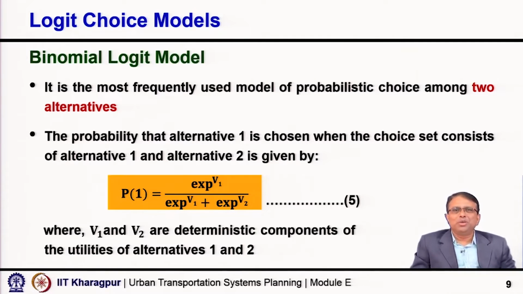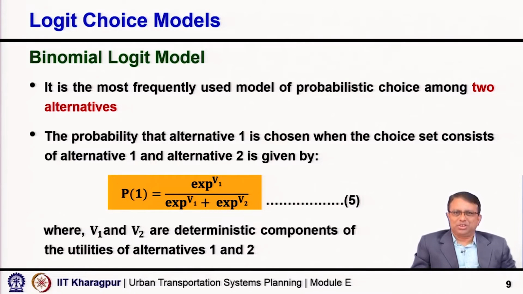Now, let us go to the binomial choice Logit model. The word binomial immediately tells you the number of alternatives is 2. There are only 2 alternatives. It is a frequently used model of probabilistic choice among 2 alternatives.